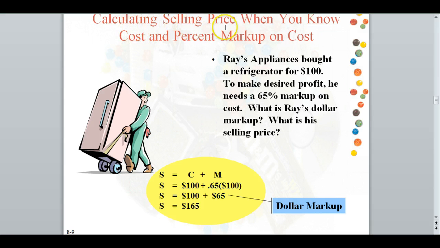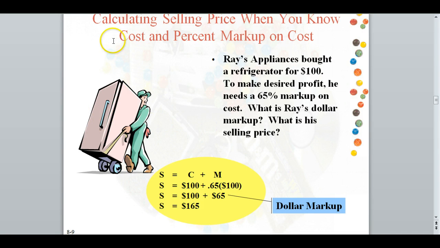So let's calculate the selling price when you know the cost and percent markup on the cost. So we know how much something will cost us, and we know how much desired profit we want to make. So he wants to make 65% above and beyond what it costs to buy this refrigerator.